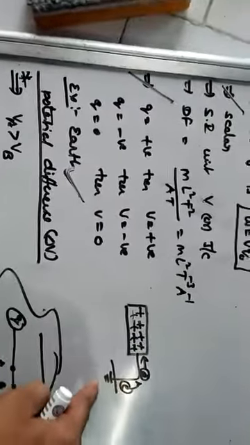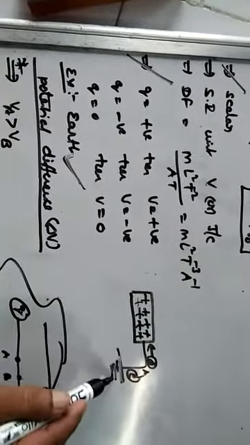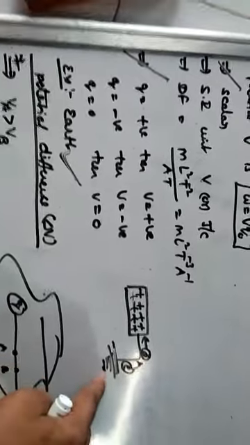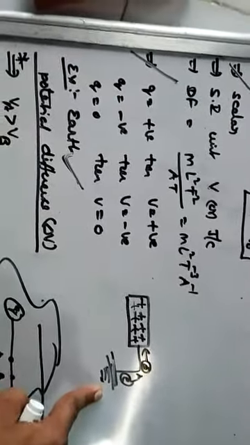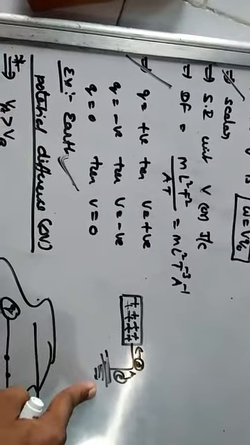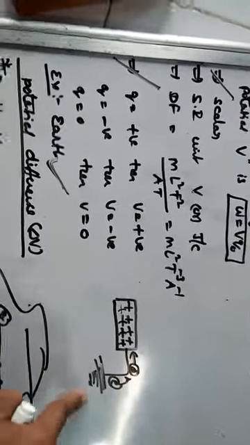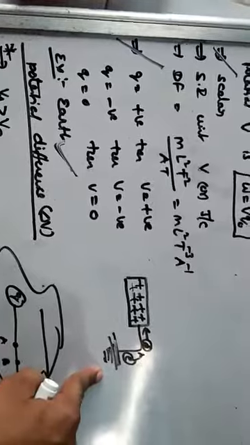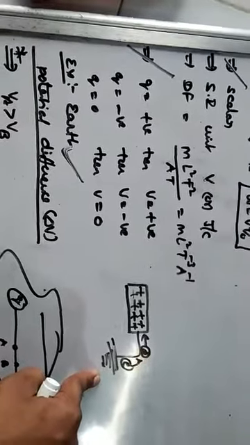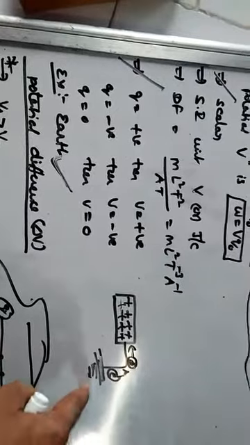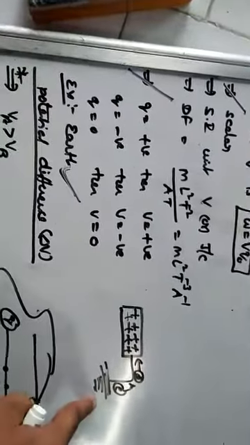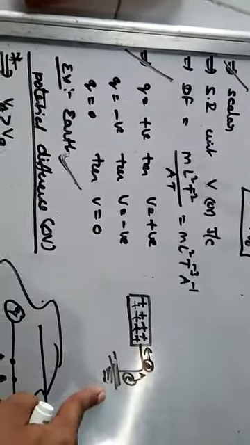Like the best example, I am comparing earth with the ocean. Go to the ocean and bring one bucket of water. Do you think that the level of the sea will decrease? No. At the same time, add some buckets of water to the sea. Do you observe that the level of the sea will increase? No. In the same manner, earth is a huge body.